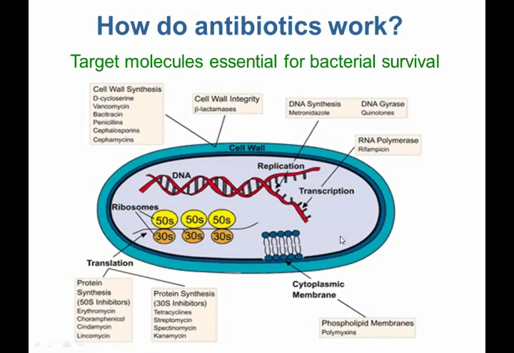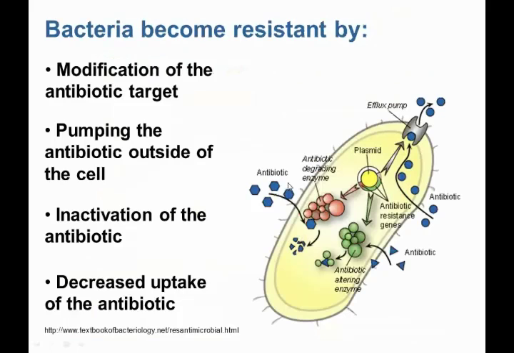So how does a bacterium become resistant to this then? Essentially, if one's targeting, let's say, your DNA gyrase to replicate DNA, and a random mutation occurs in the gene for gyrase that makes it no longer a target to the antibiotic, that bacterium is now resistant.